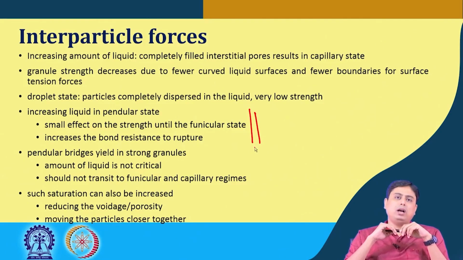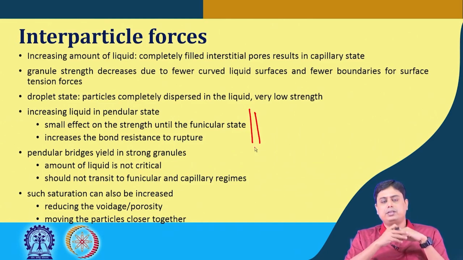The amount of water in the pendular state is not very critical until it reaches the funicular or capillary region, because increasing the amount of liquid in the pendular stage up to a critical point increases the bond resistance to rupture.